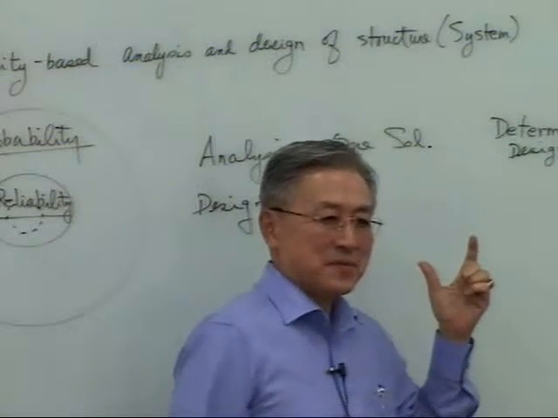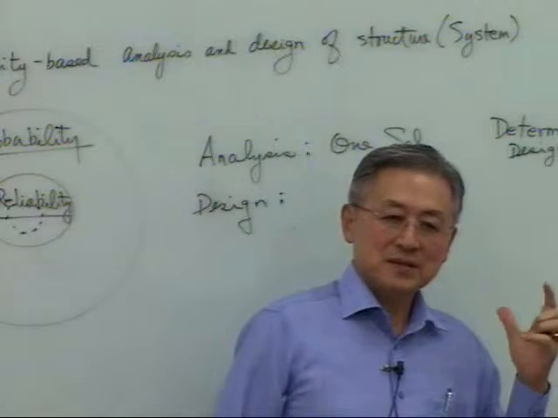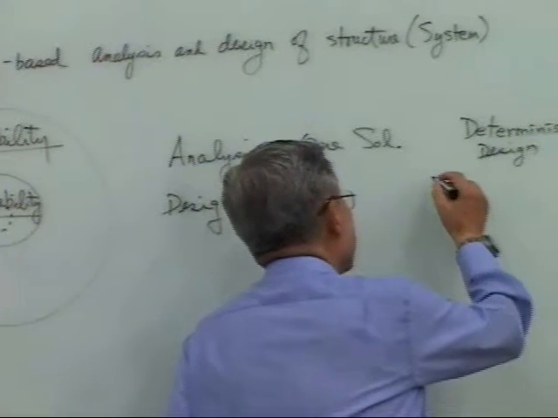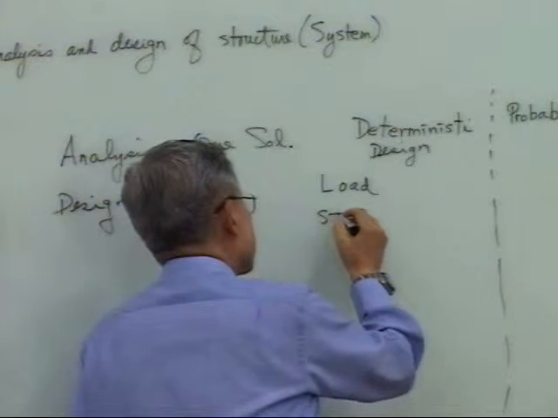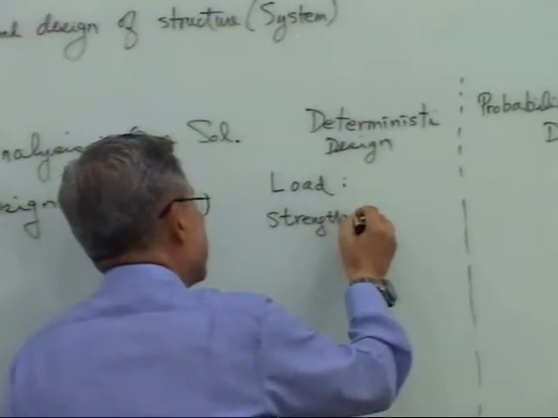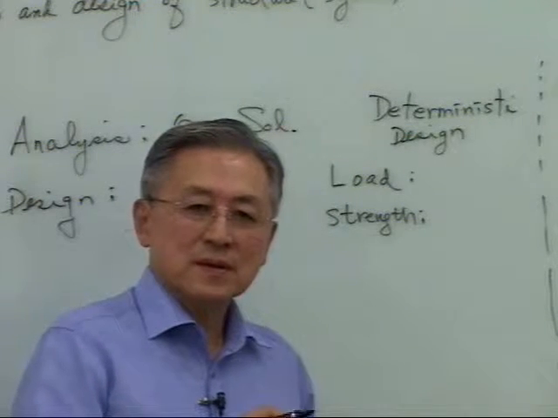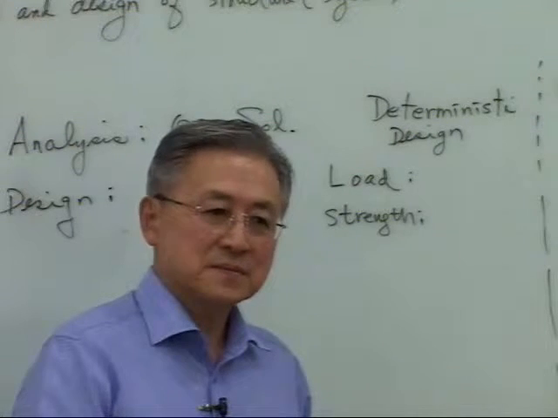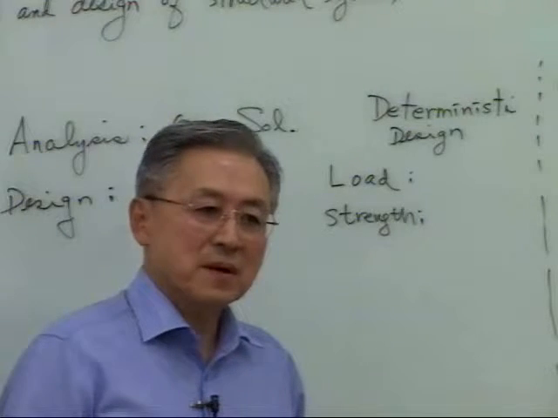Whatever the design in civil engineering, mechanical engineering, that type of area, you are dealing with load and strengths. So load in the deterministic approach is a constant. Of course, I'm dealing with the static model.